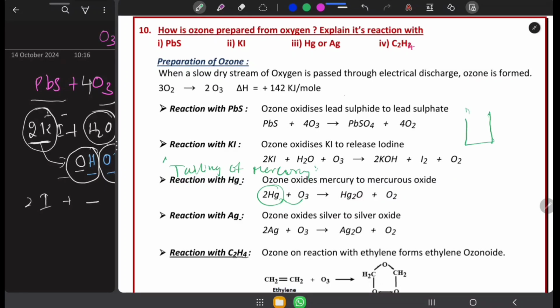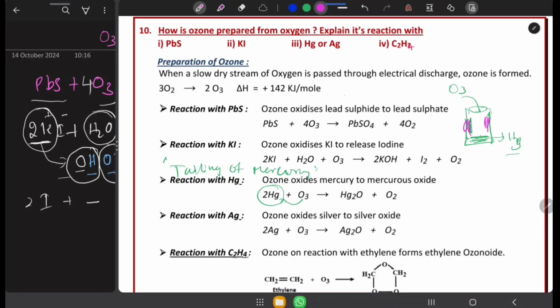Suppose this is a test tube and mercury is taken in this test tube and ozone gas is passed into it. Mercury loses its meniscus, meaning its shininess, and sticks to the walls of the test tube. This is called tailing of mercury, and the reaction is provided here.